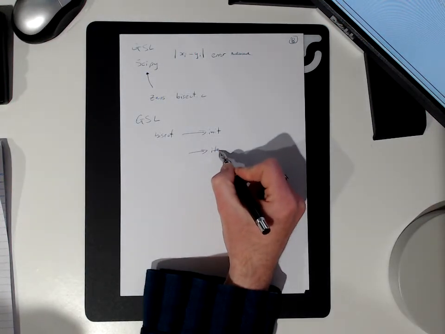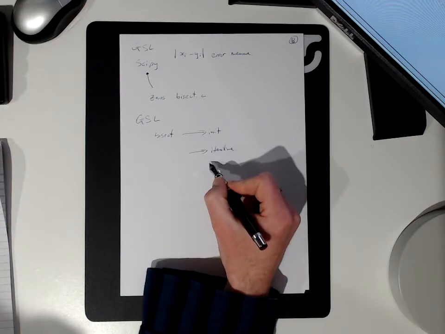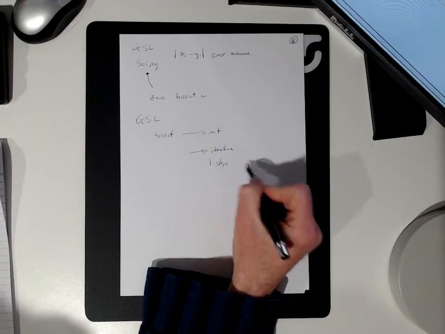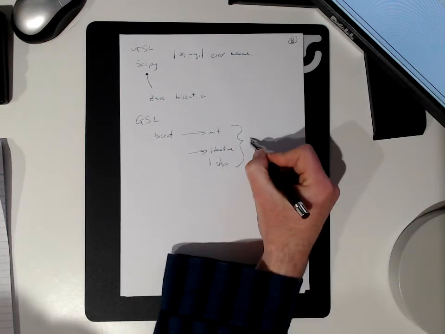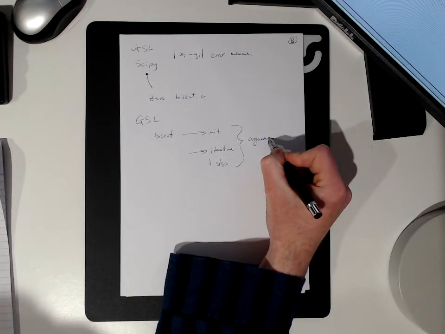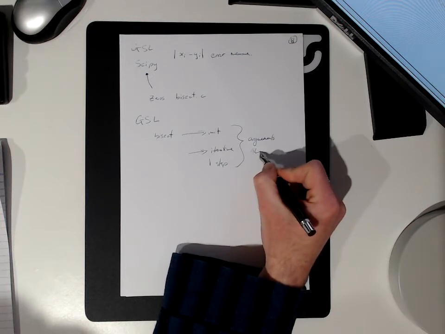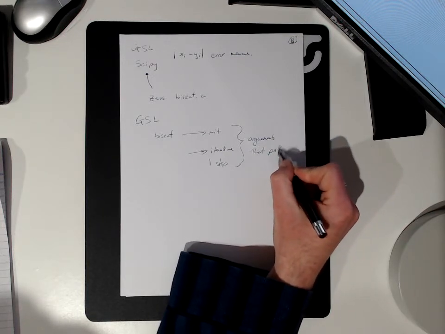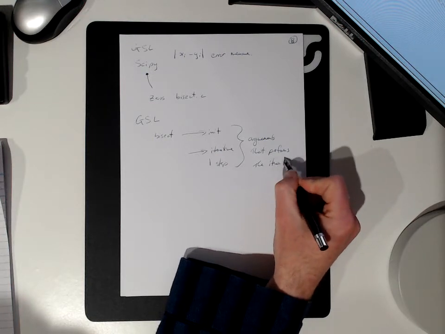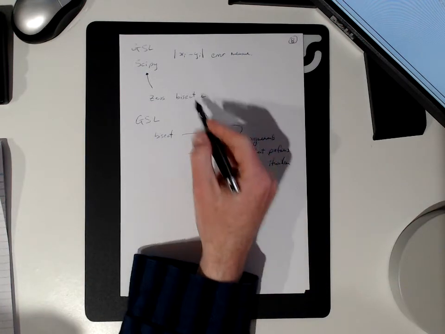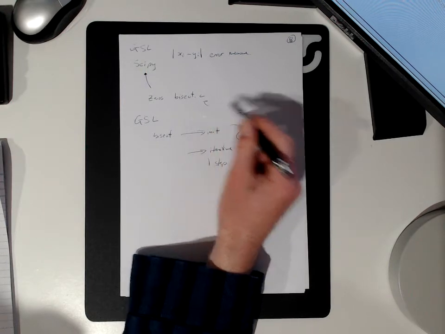And then there's an iterative function which is basically one step of the bisect method, and there's another function which takes these functions as arguments and performs the iteration, which is a bit different from this.